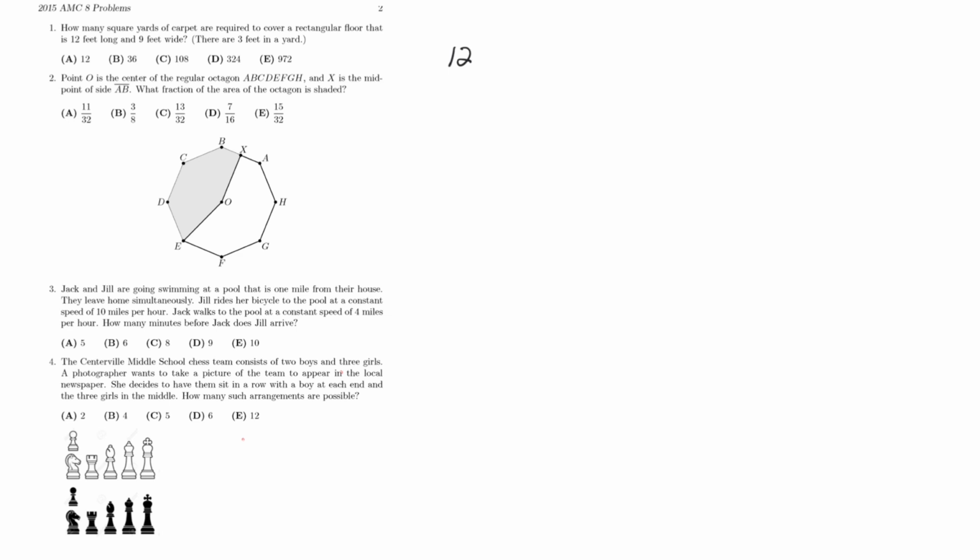We need to convert 12 feet to yards, so divide by 3. That's the length. The width is 9 divided by 3. The area is 4 times 3. That's 12. So the answer is A.